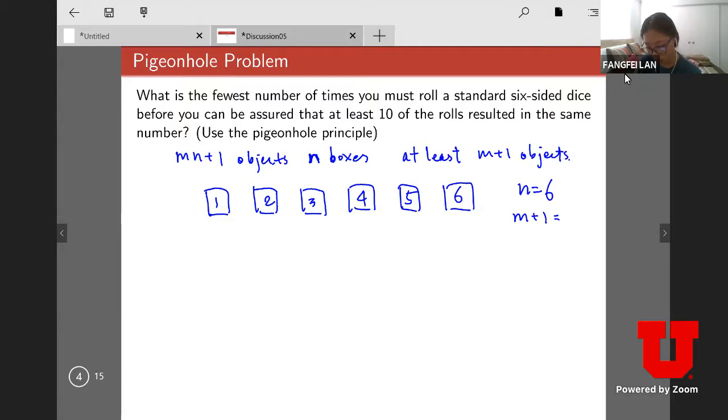That means m plus 1 is equal to 10. Does that make sense? We want at least 10 to end up in the same box. So based on the theorem that we just reviewed, m plus 1 is equal to 10. So that means m is equal to 9.